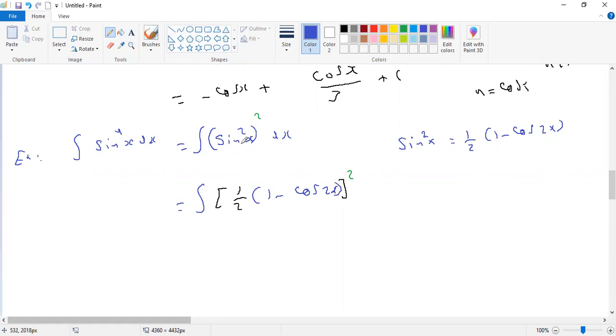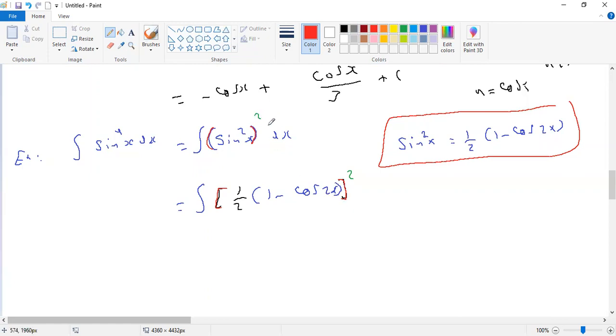Now again, sine squared is half of 1 minus cosine 2x. This is the formula: sine squared equals half of 1 minus cosine 2x. Look at what I have here.